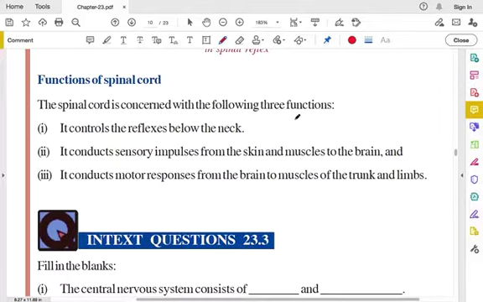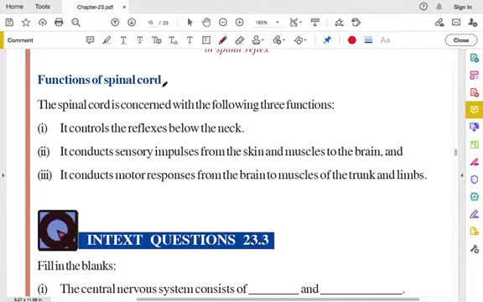For example, you are keeping your hand and suddenly a hot object touches your hand, and you suddenly remove your hand. These kinds of actions are called reflexes. That is the function of the spinal cord.